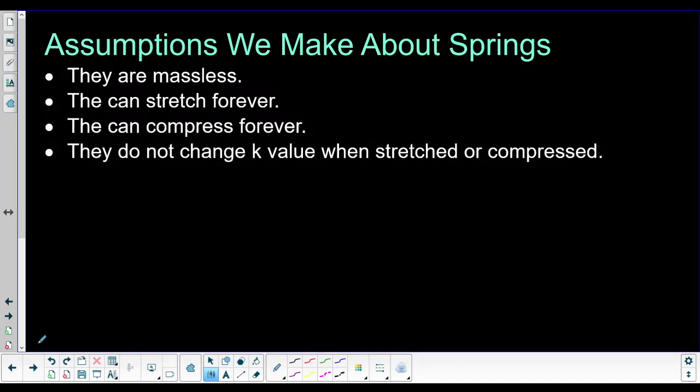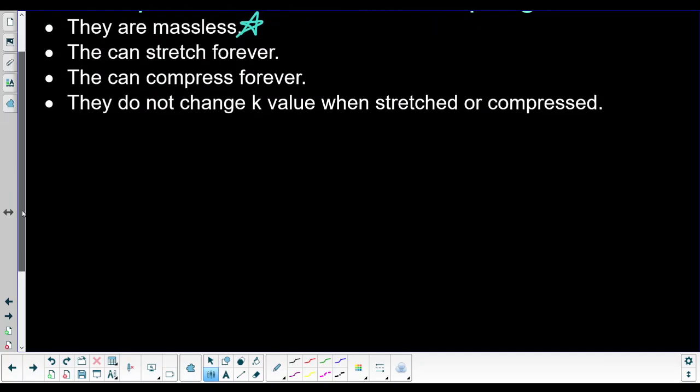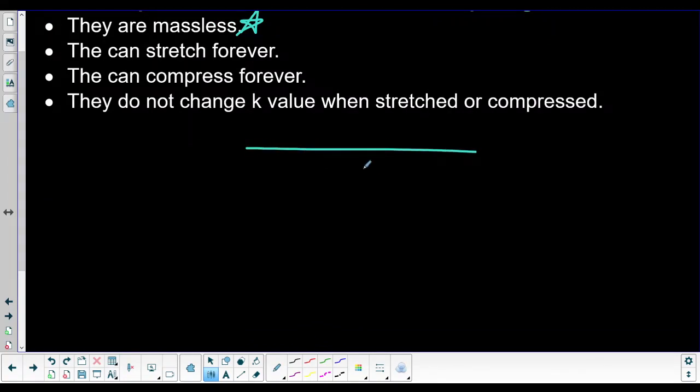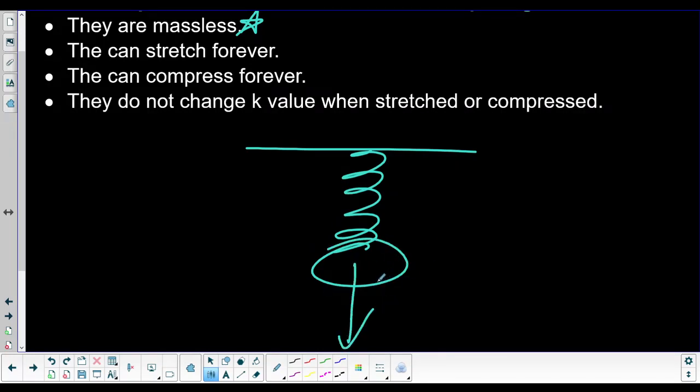Okay. So the first assumption we're going to make is that springs are massless. If I have a ceiling and I hang something from a spring, the weight of gravity will pull the mass down. But in real life, if you have a heavy spring, the spring's own weight will make the spring extend.